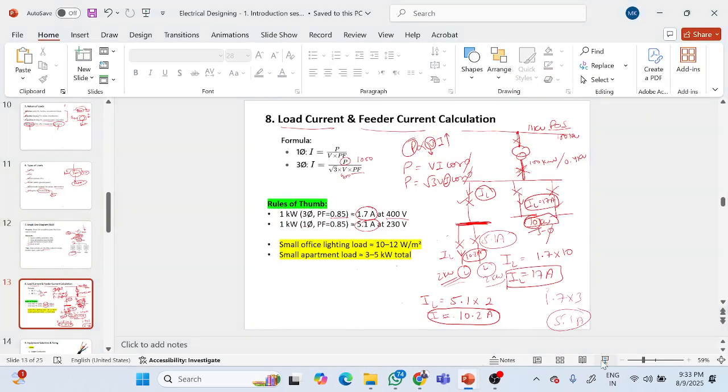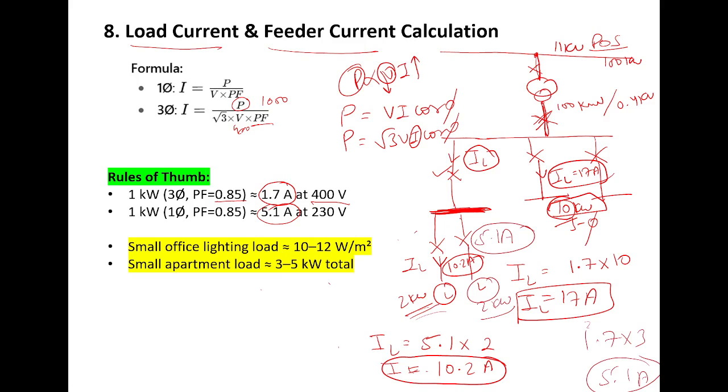Okay, please check. Let me tell you, in single phase you are having two lines. One is the live wire or line wire, one is neutral. So here it is 2 kilowatt of load, so the total current required will flow through this line only. But in the other case, we have three lines: neutral, R, Y, B. So 5.1 current flows through here, 5.1 here, 5.1 here.